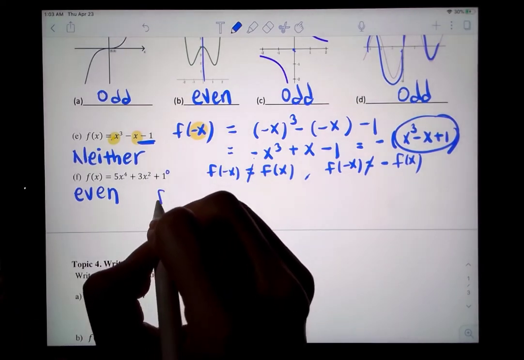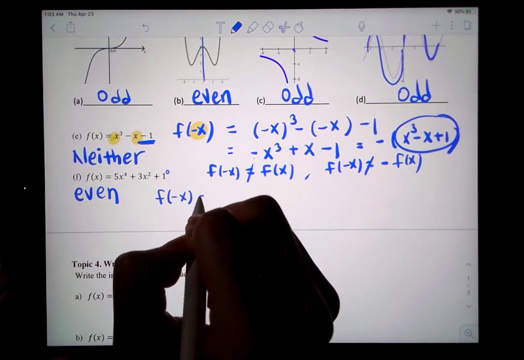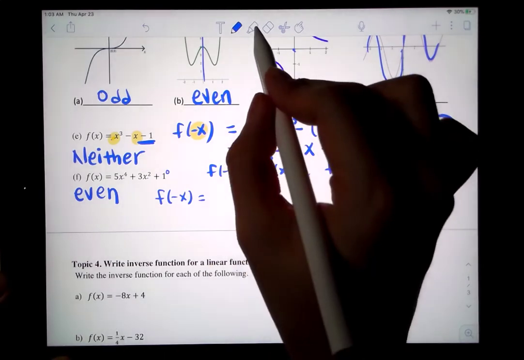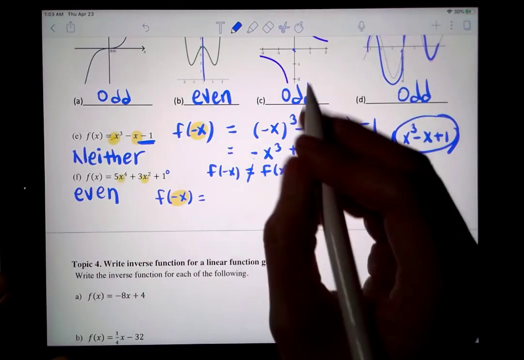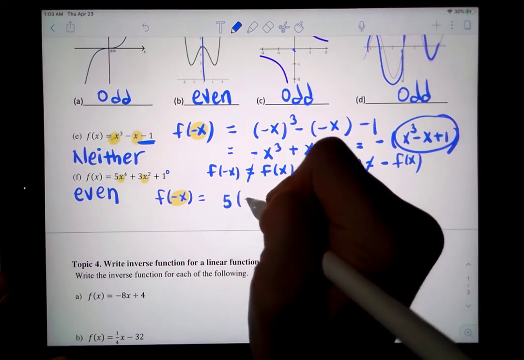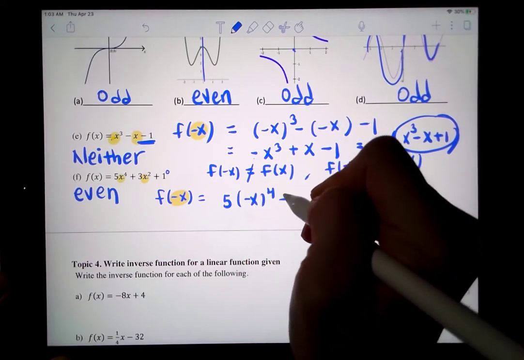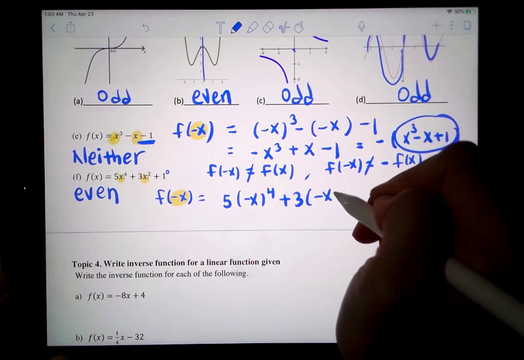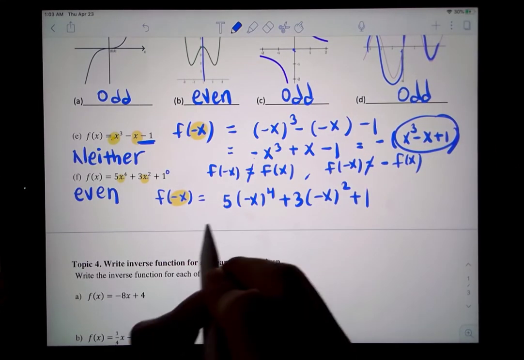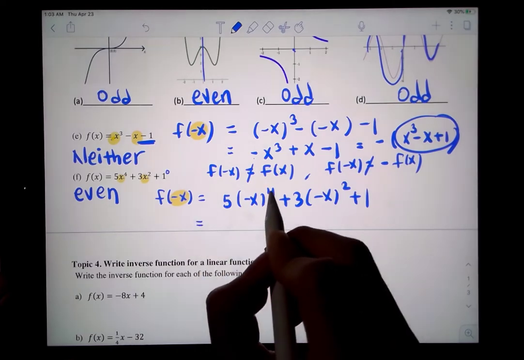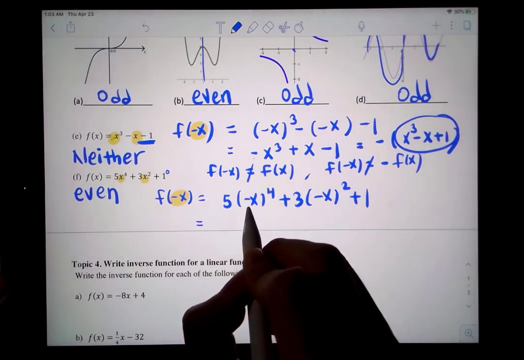Same thing. I'm checking f of negative x, right? So you put negative x into x. So 5 negative x to the 4, 3 negative x squared plus 1. And with even power, you lose your negative sign.